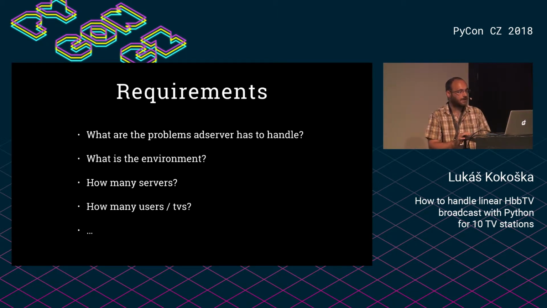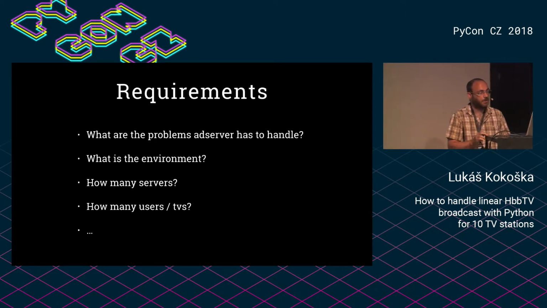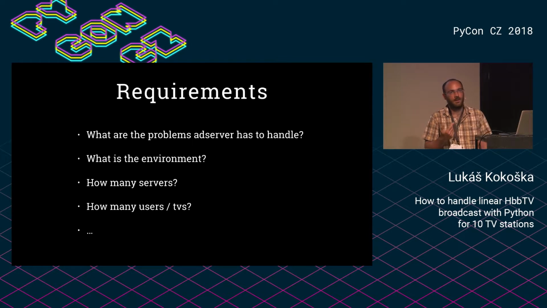When we were defining the requirements for such a service, we had to find out what problems it has to handle. Different stream time, a great number of connections, how many users or viewers, a combination of viewer and user, we call them viewers, and so on.